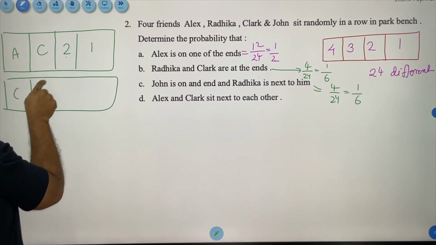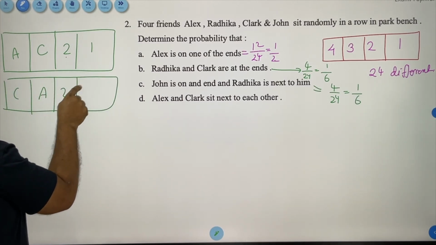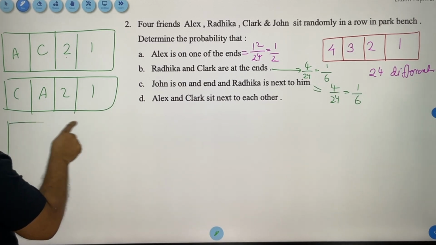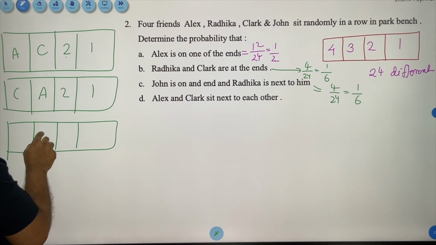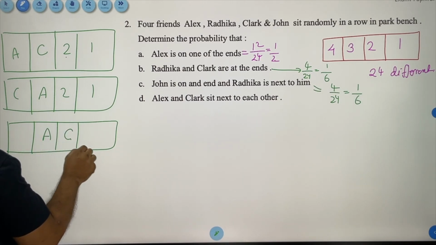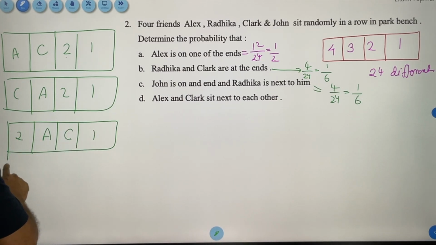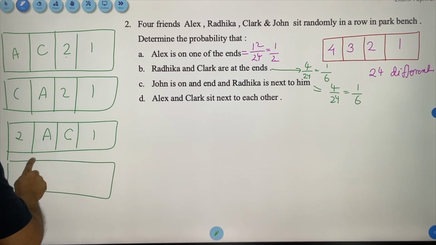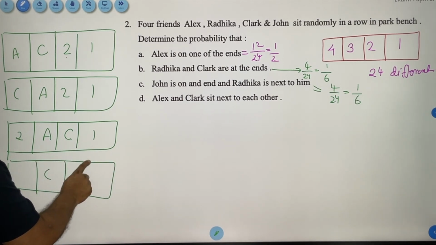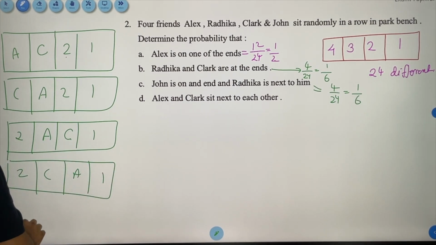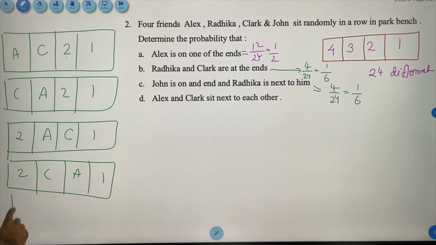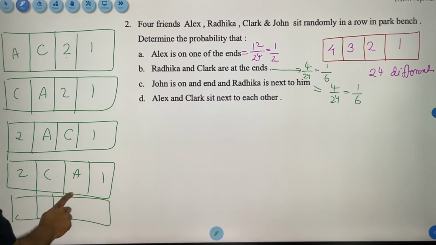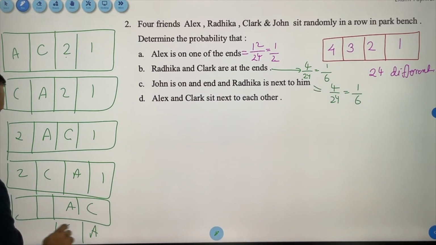Then we will do Clark, Alex. 2, 1. Alex, Clark. 2, 1. Clark, Alex. 2, 1. And then similarly you will have 4 more possibilities where you have Alex, Clark and Clark, Alex.